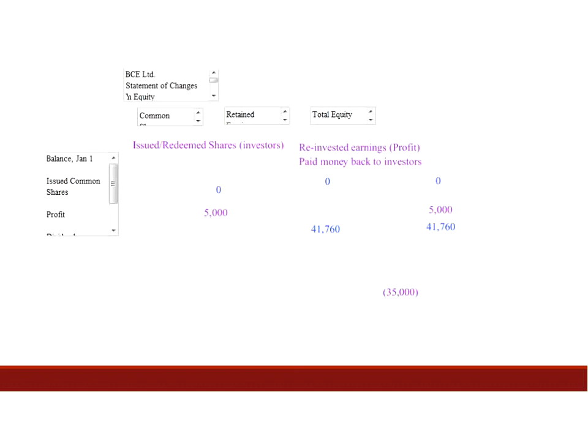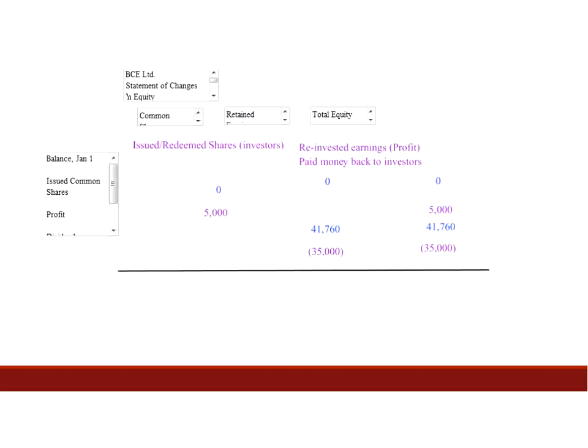So out of the $41,760 in profit, how much did we pay out back to our investors? And that's this figure called dividends. So let's assume that we paid out $35,000. Okay. So now we're going to be able to get a balance for these three categories based on the information provided here. So let's take a look.